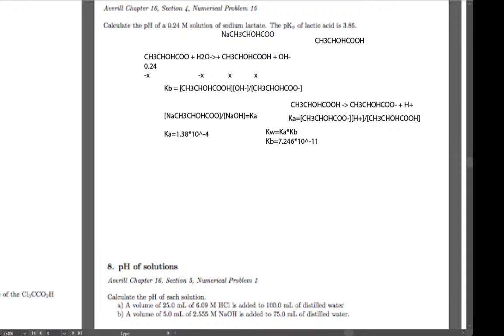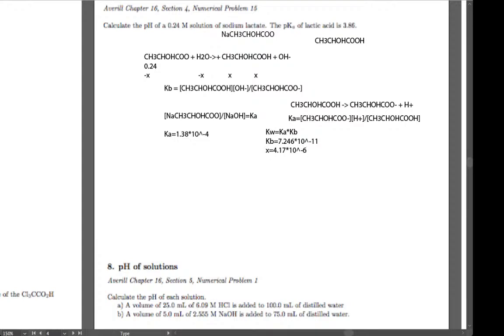And so with this 0.24 minus x, this basically means x squared divided by 0.24 minus x, which we found that x would equal 4.17 times 10 to the power of negative 6.